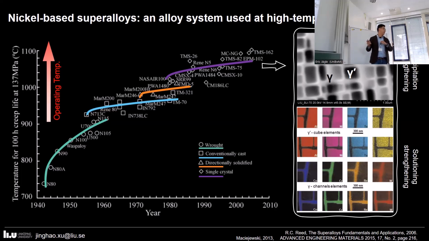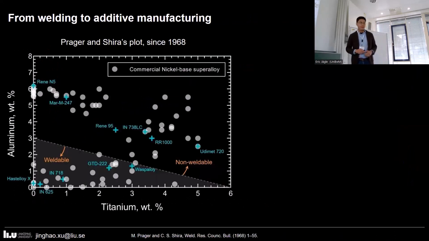This advanced superalloy is doped with more than 10 different alloying elements. As one of the lectures this morning said, nickel is a very good solvent for adding elements like cobalt, chromium, rhenium, and tungsten. Those refractory elements in the gamma channel improve the strength at those positions.